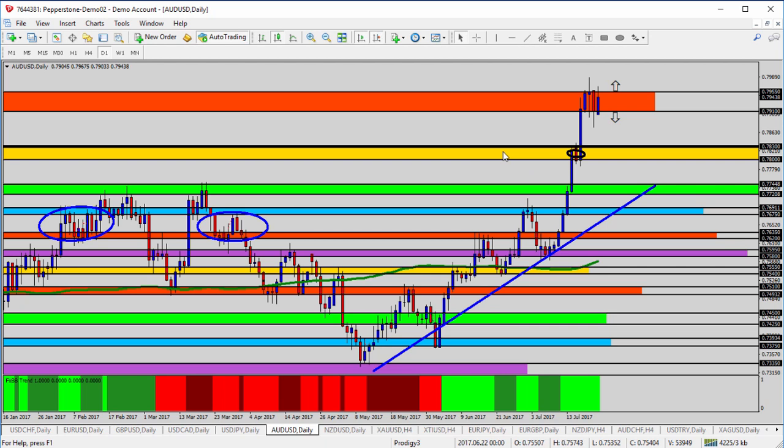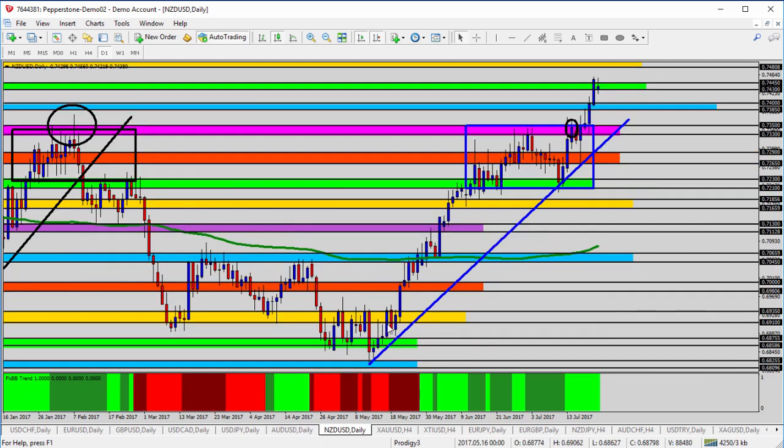Right now, it hasn't done either. I probably would lean to the upside a little bit, but at least right now, I think it needs to break out of this orange zone above 79.55 or below 79.10 for our next move for the Australian dollar. I'm not going to trade inside this orange zone. It's a breakout that I'm looking for here on the Australian dollar.